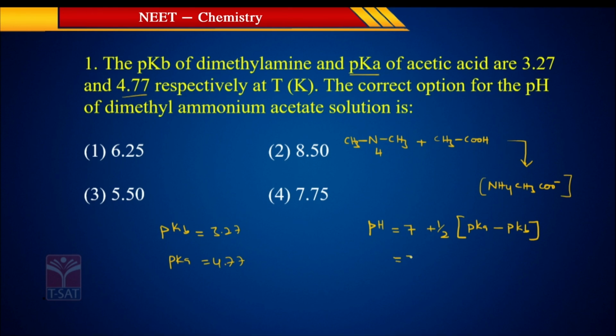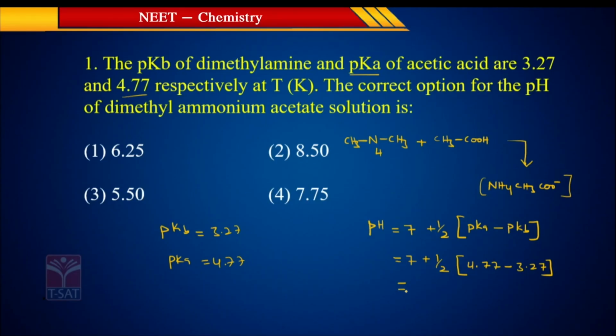So pH equals 7 plus half into (4.77 minus 3.27). If you solve this, you will get the answer 7.75, which is option 4.